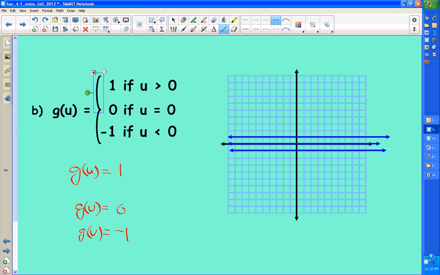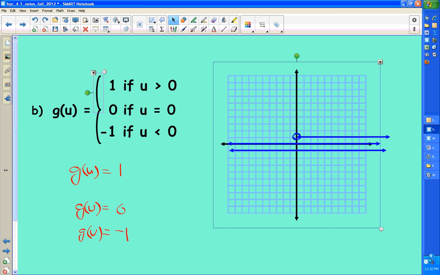It says we want to use 1, but only when u is greater than 0. So in order to get u greater than 0, we're going to come here, and then we're going to go with an open circle around here, because we're not including when x is 0. Then for the second one, we're going to equal 0, but only when u equals 0.